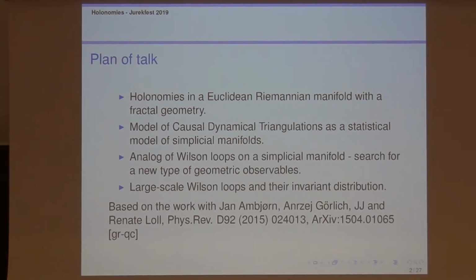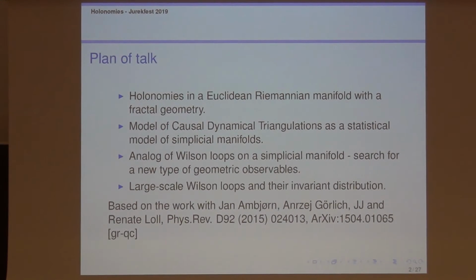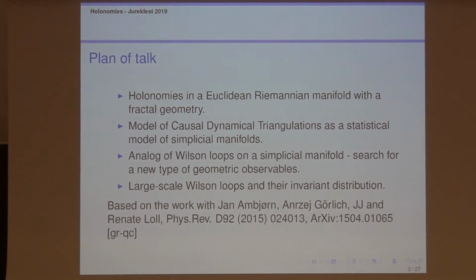So this will be different than in loop quantum gravity. And I will show that, in fact, there is a quite interesting result which we have been able to obtain numerically in the study of such objects.